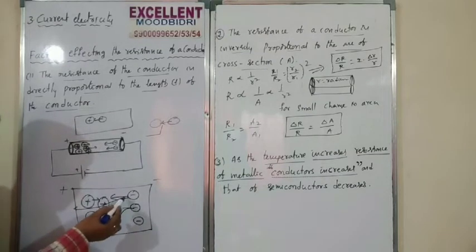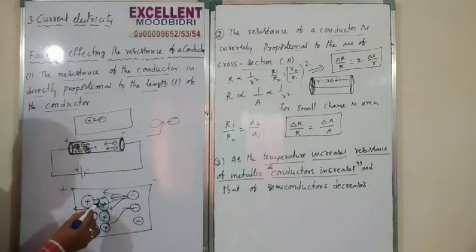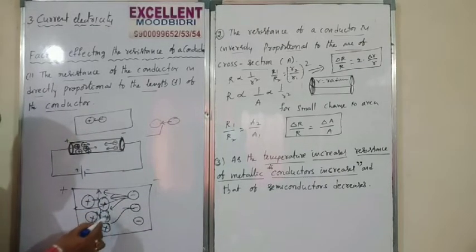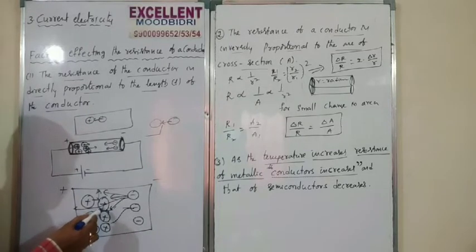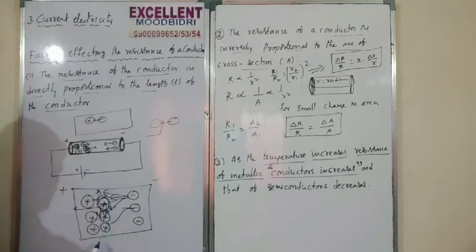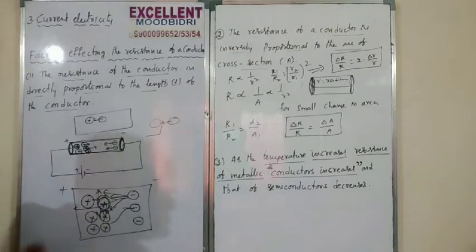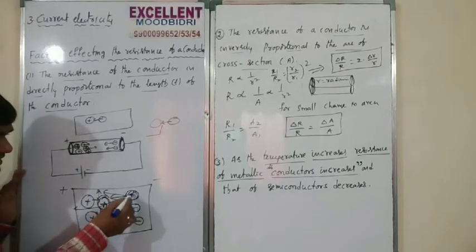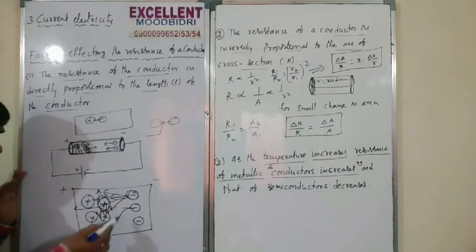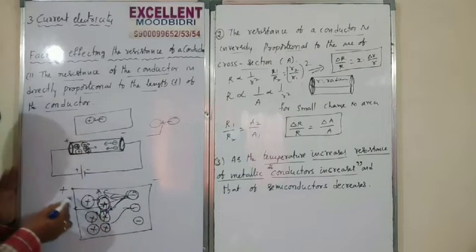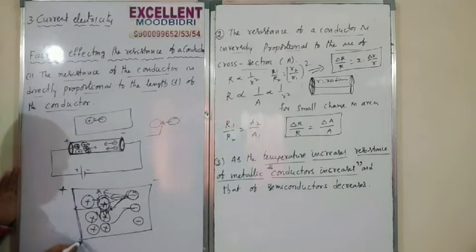Why? Because if I go this side, again this one will come like that. If I want to go this direction, these positive ions will go this side only. The vibration is increased, meaning the electrons cannot easily reach that end.